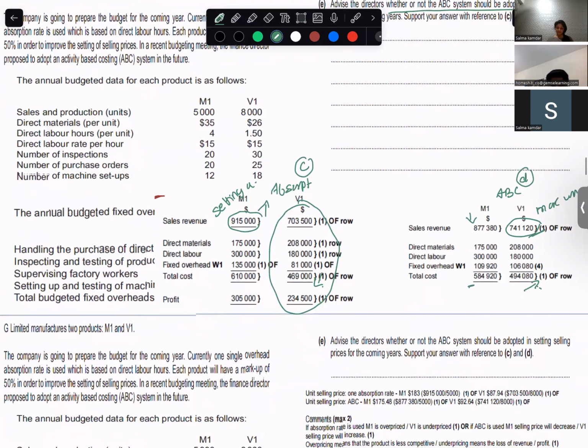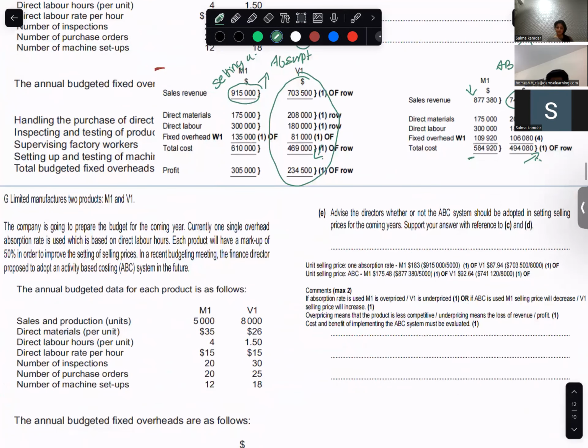Tell me, in ABC the selling price of M1 will be decreased, and V1 will be higher. Just calculate the selling price per unit.